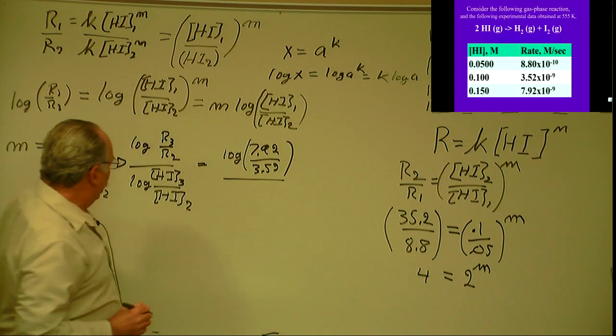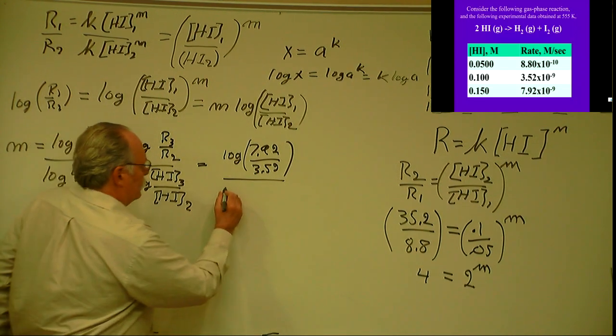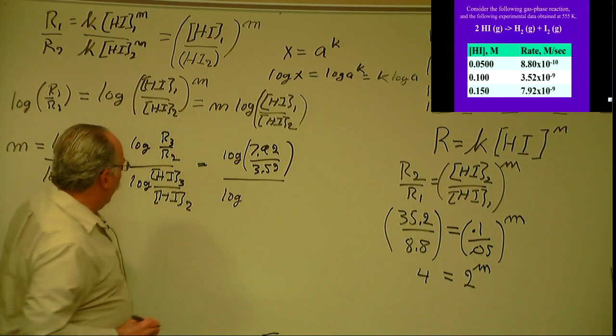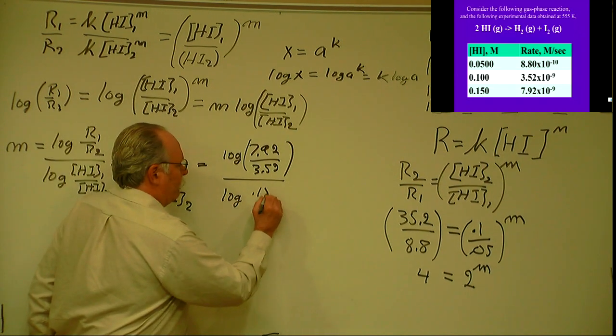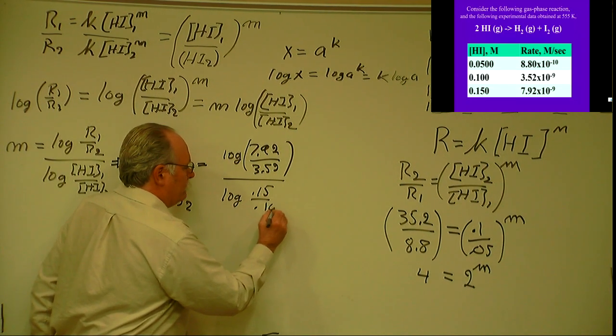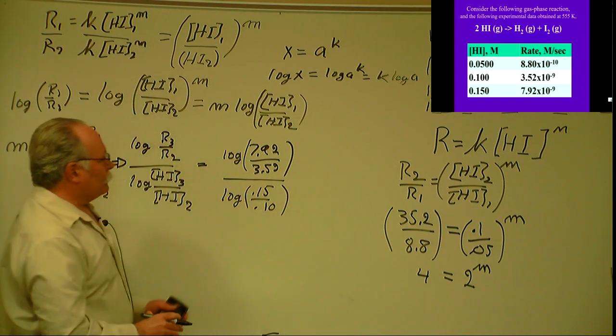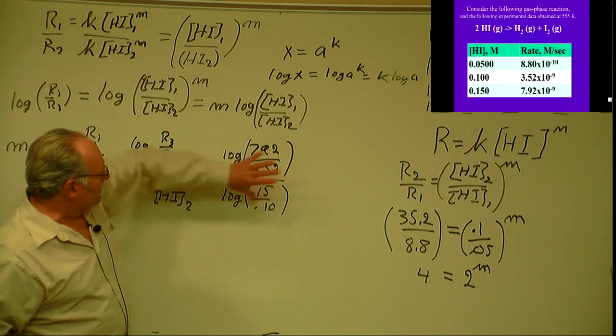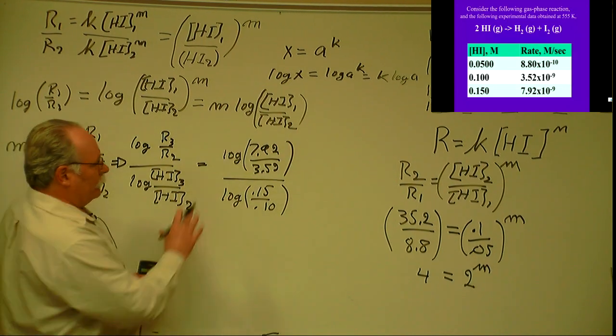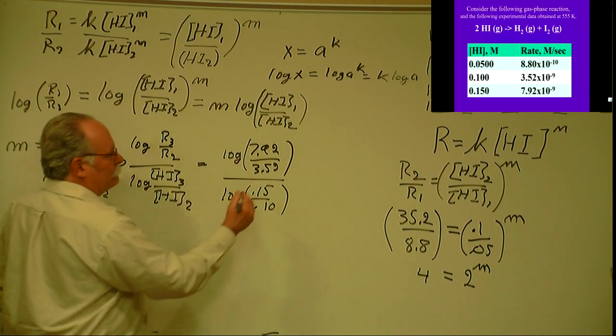Now I get the log here of HI in 3, which is 0.15 over 0.10. And students will often make a big mistake. They'll take this times this, and then they'll bring this, and they'll take the log of both. I'll show you in a minute if I have room on the chalkboard, but that's a mistake.